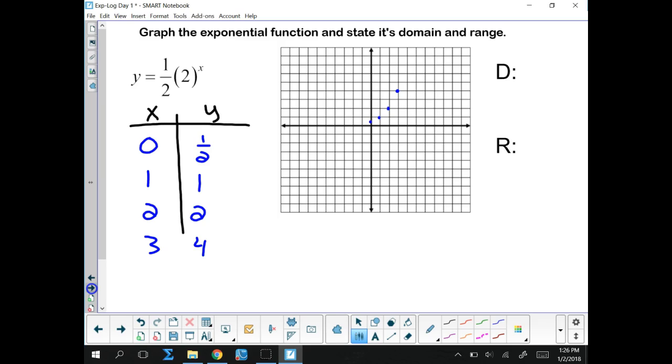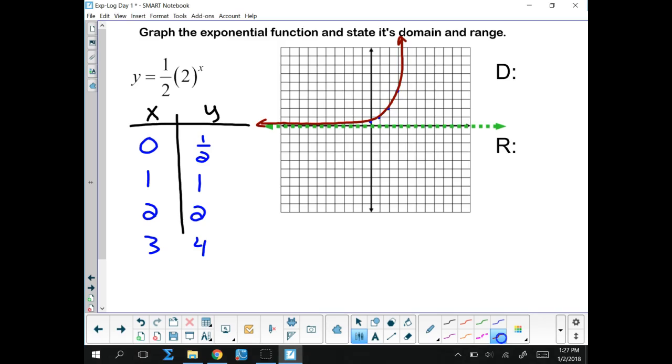What's my horizontal asymptote in this case? Y equals 0? Yeah. Looks like it stays above, because remember we said it can't cross. So it stays above.